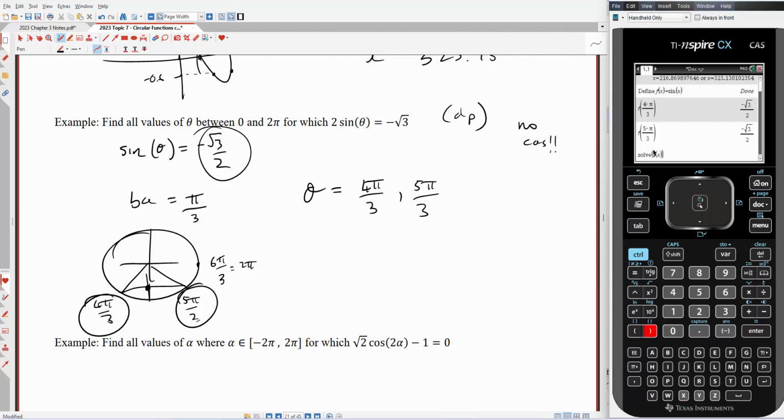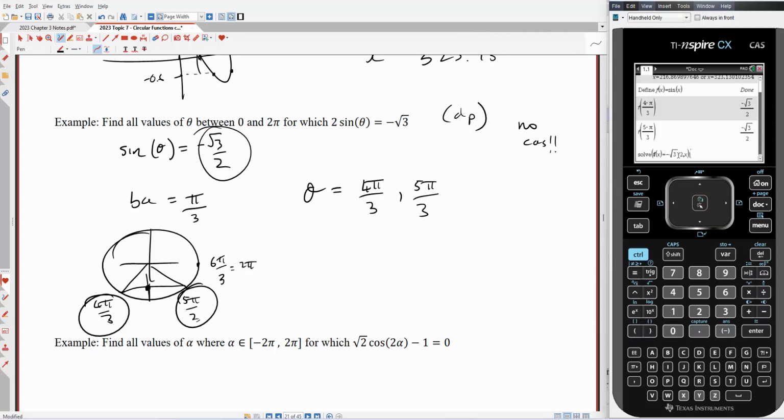Now the other way we can do this is we can run a solve. f of x equals, in this case we're trying to find out when it equals negative root 3 on 2. So we're going to go negative root 3 on 2 for x. Now note that what we're going to get is a, what do you call it? Oh my god, mental blank. Come on, Paul.